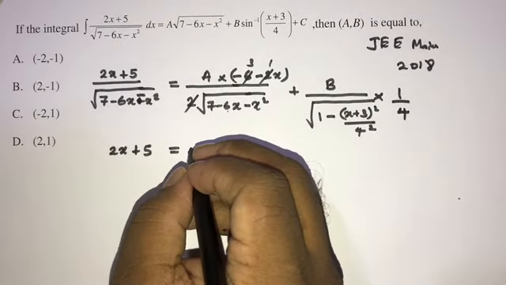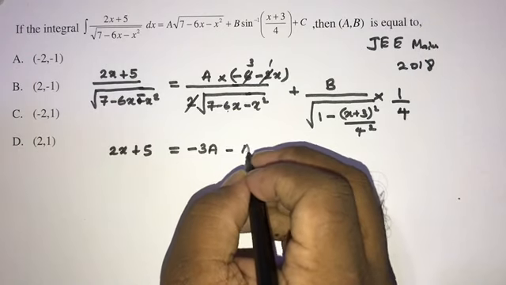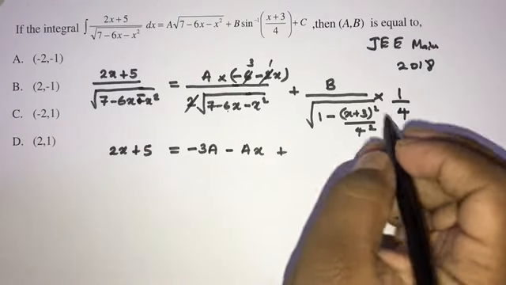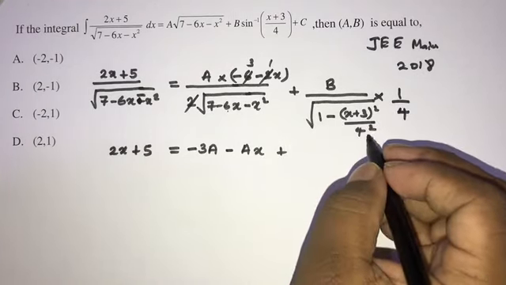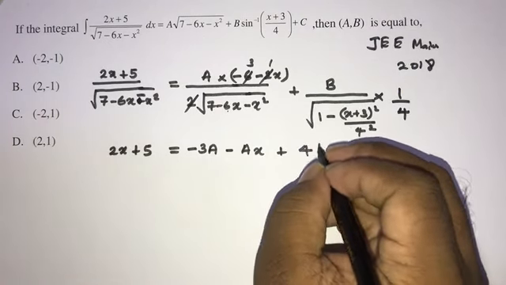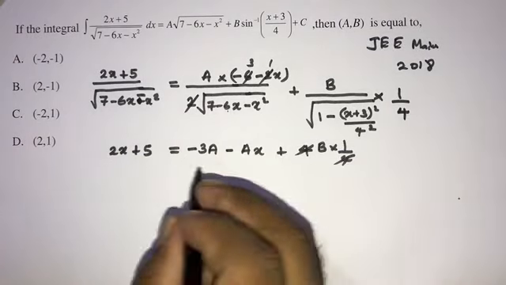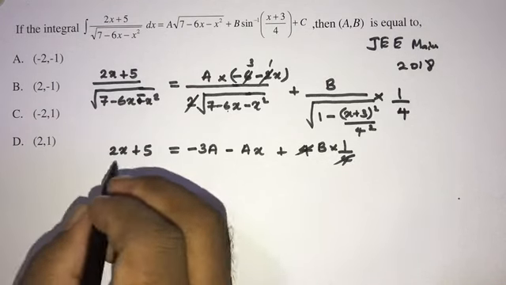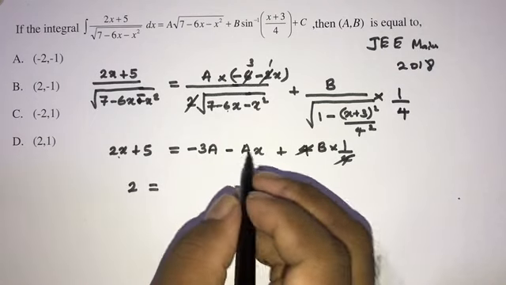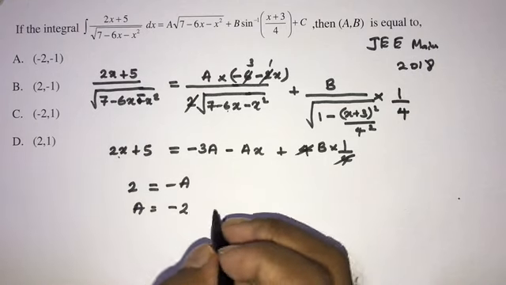Okay, now we can write 2 times x plus 5 is equal to, now here 3 and 1, so this is equal to minus 3 times a minus ax, and here we have 4 square, so the square root of 4 square is 4, so 4 times b times 1 over 4, so the 4 gets cancelled. Okay, now compare the coefficient of x, so here 2 is equal to minus a, so a is equal to minus 2.